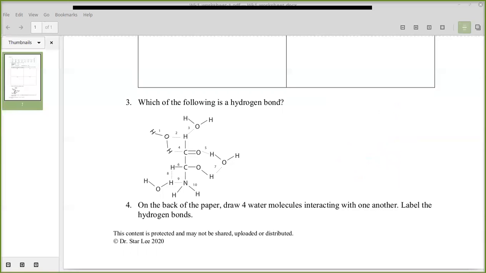One possible way is you can simply just do this. And then, of course, you draw out the hydrogens, although I don't feel like doing it here. And then this would be an interaction, this would be an interaction, and this would be an interaction. Okay?